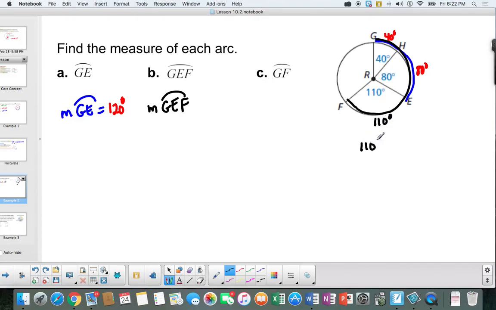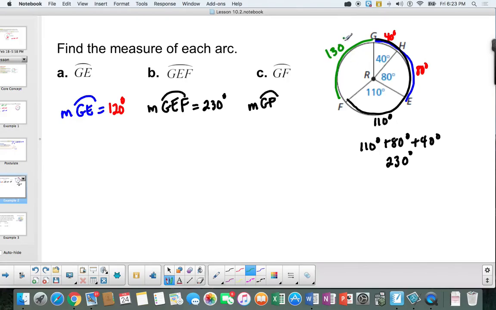So I'm just going to add all 3 of them together, and that's going to be equal to 230 degrees. Now we want to find the measure of arc GF. Since this amounts to 230 degrees, then the leftover right here is going to be 130 degrees to get the 360 out of that, and this answer will be 130 degrees.